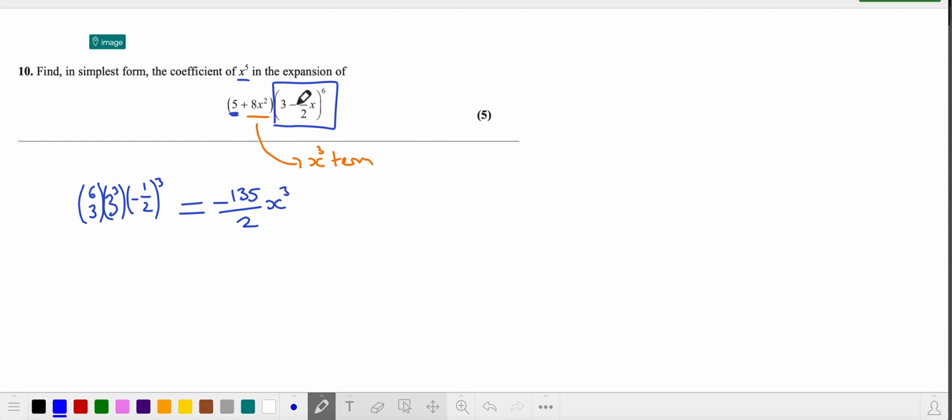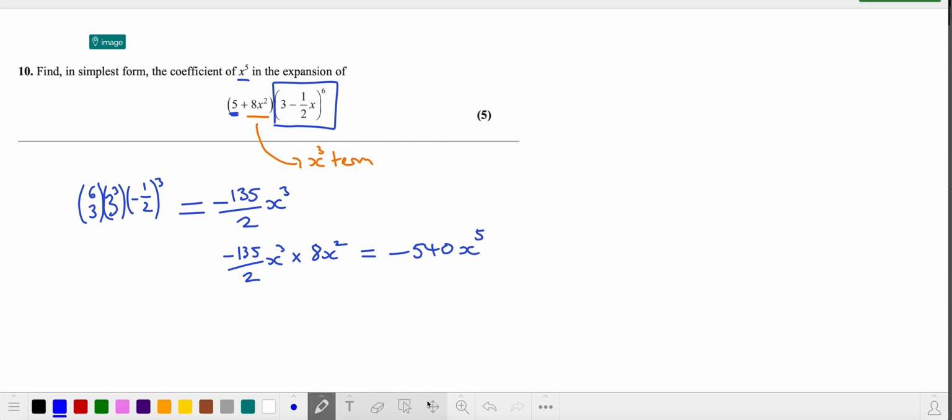But that doesn't give us our x to the power 5 term until we multiply it by 8x squared. Which gives us minus 540 x to the power 5.